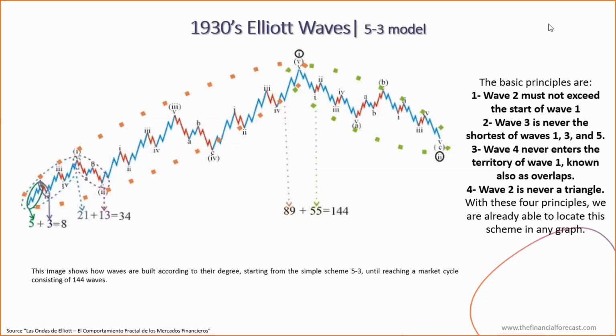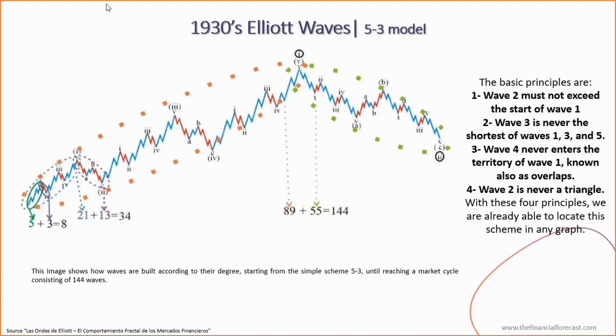So we will take those and skip all the other ones that create a lot of subjectivity and inaccuracy in how we identify the waves and how we use those waves in order to invest in the different financial markets.